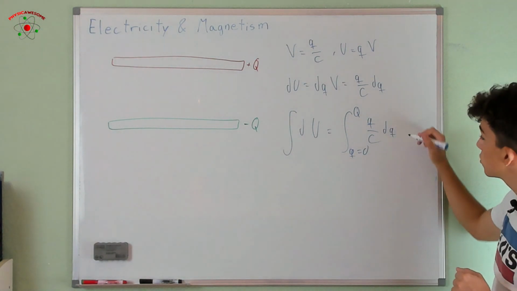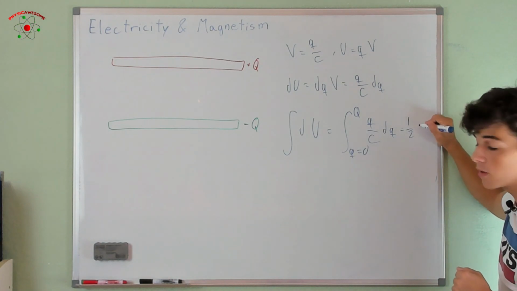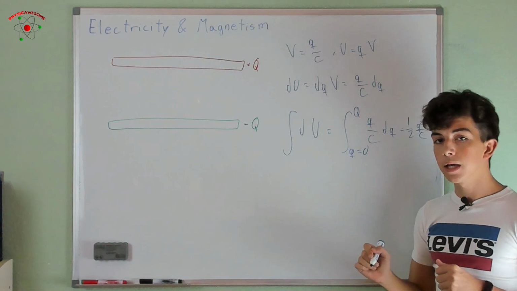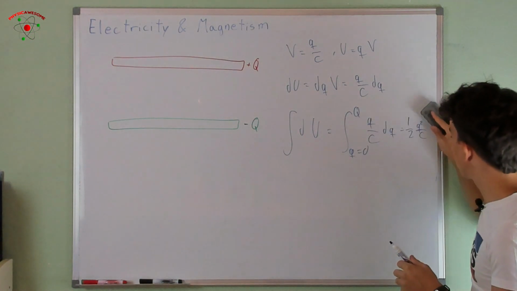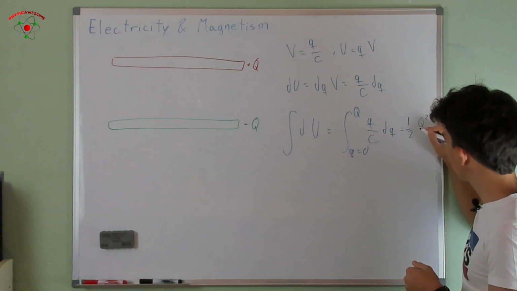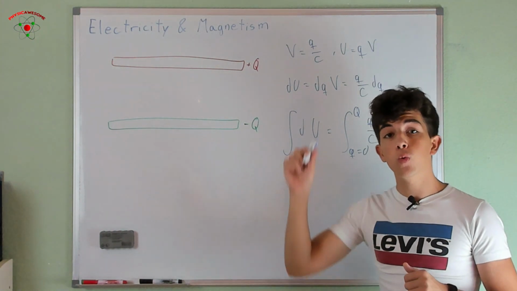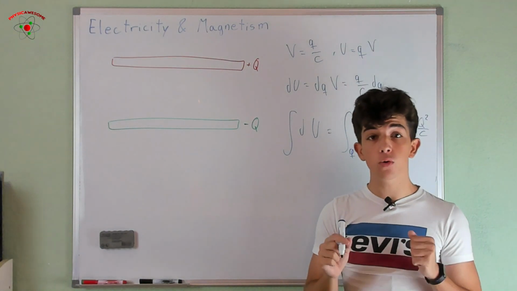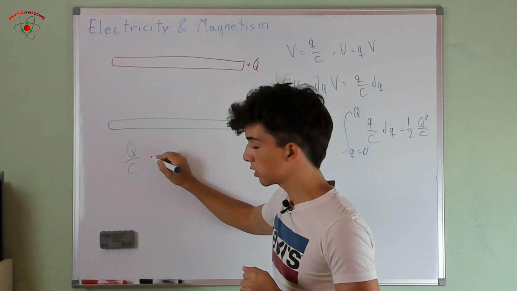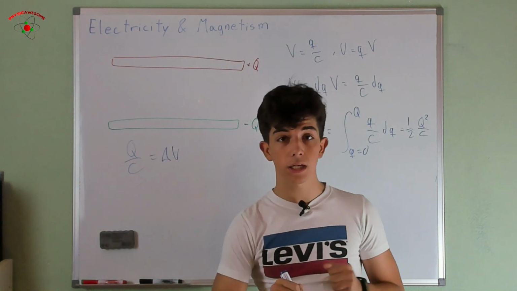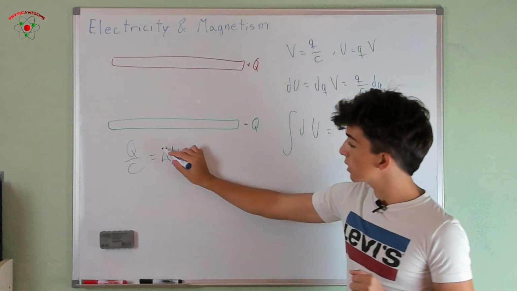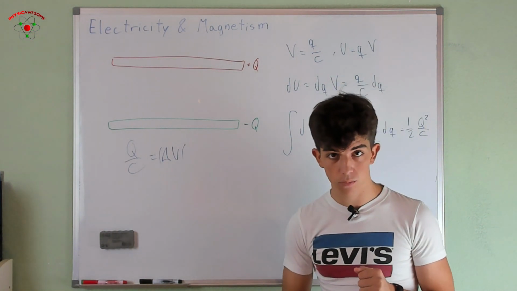And we find this to be 1/2 q squared over C. Well, actually big Q squared over C. Now, we know that in this situation, Q over C equals the magnitude of the change in voltage.